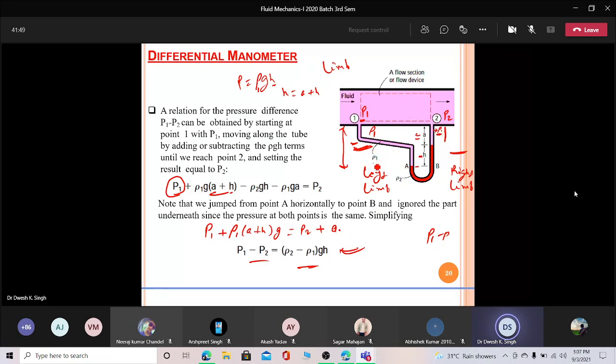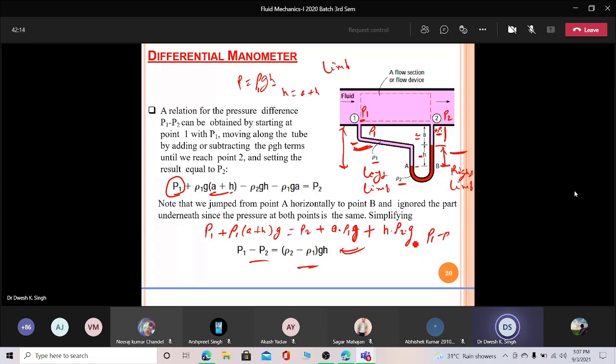Look at here, it is ρ1. So we have to multiply with ρ1 and G. And then there is some fluid, the manometric fluid is also there up to height H. So we have to add this also, that is H into ρ2. What is the density of this? It is ρ2, so we have to write that, and then G.